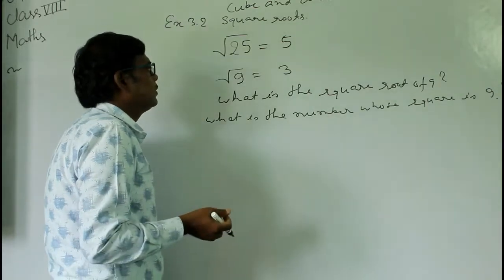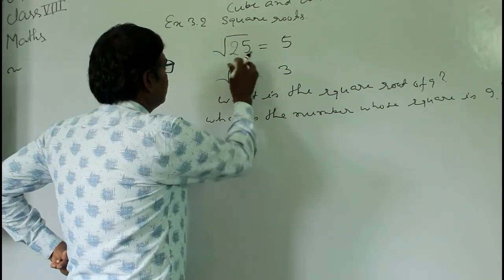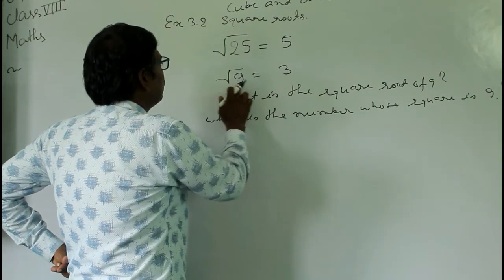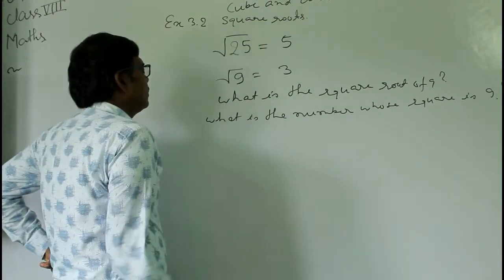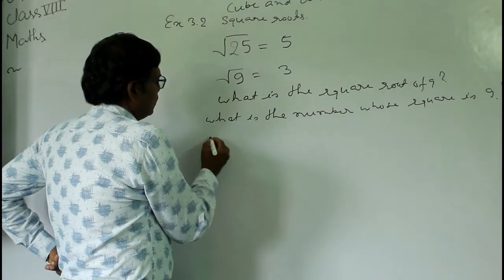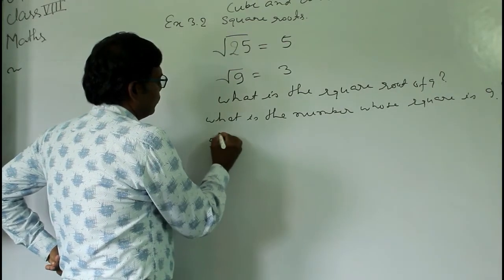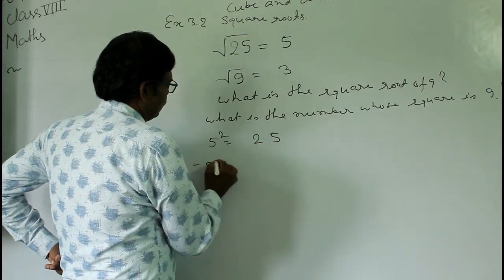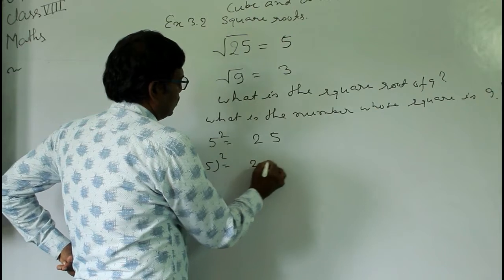Now the next point: the square root of 25 is 5 and the square root of 9 is 3. And next, suppose 5 square is equal to 25, and minus 5 square is also equal to 25.